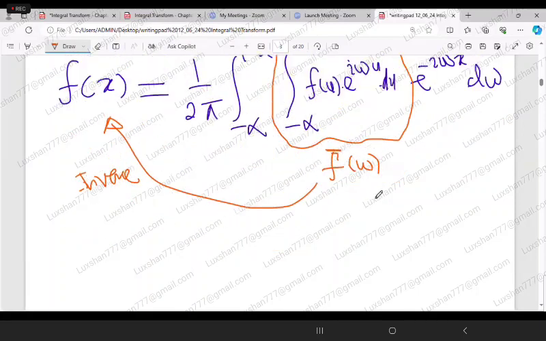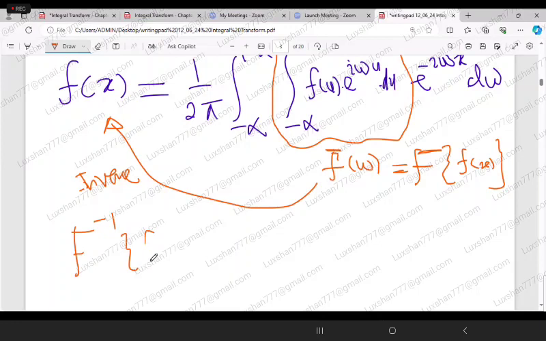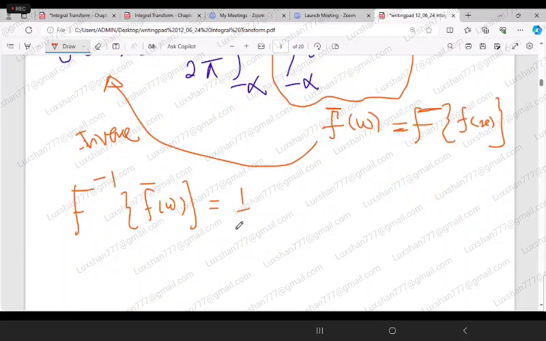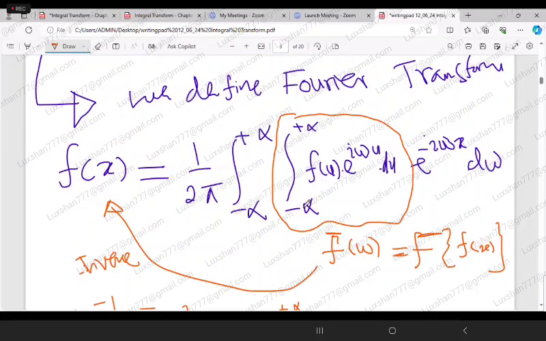We denote this by capital F of f(x). We denote the inverse by F inverse of f bar omega equal to 1 over 2 pi, integration minus infinity to plus infinity, because this orange color one is actually f bar, isn't it?